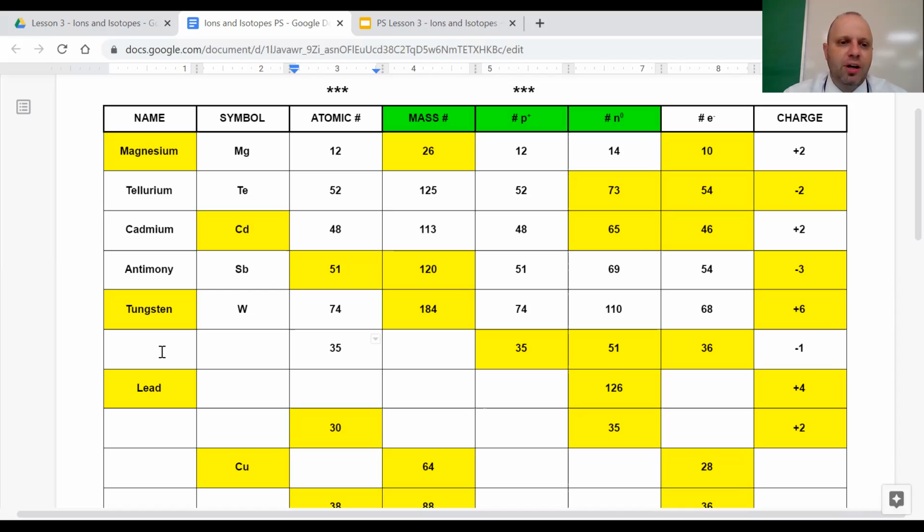That means I'm talking about the element bromine. So I could fill in bromine over here, type in the symbol for bromine, and then the last piece is to add together these two numbers, 35 and 51. So if I add those two together, I'll get bromine with a mass number of 86.